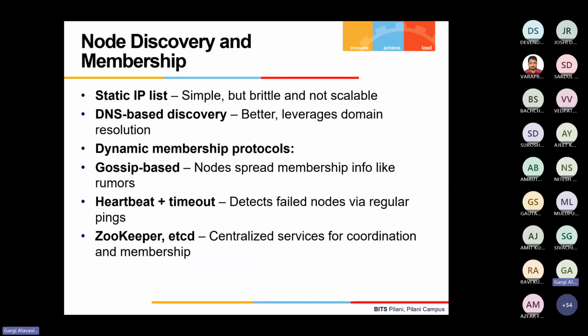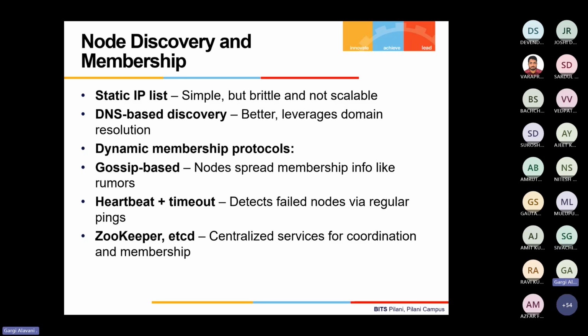So now let us come to how nodes discover each other in inter-process communication. In distributed systems, it is very important that nodes know who else is part of the system. This is what is called node discovery and membership management.